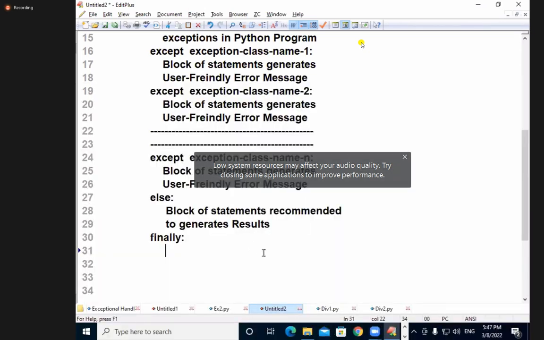So finally block, mandatory to write or optional to write? Optional to write. Mandatory to execute or optional to execute? Right. So block of statements, executing compulsorily.